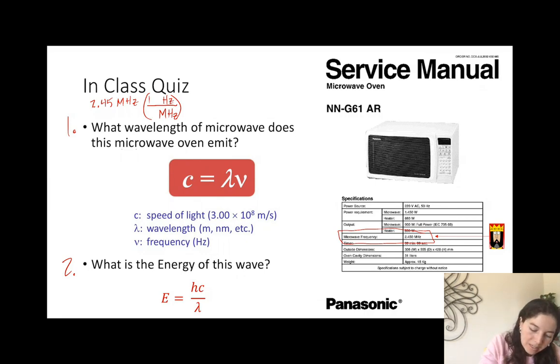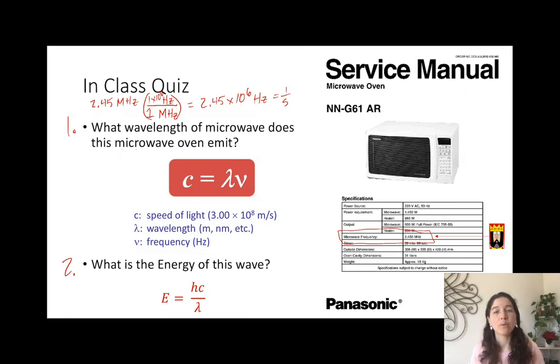So there is 1 times 10 to the 6 hertz for every 1 megahertz. So if you multiply this out, we get 2.45 times 10 to the 6 hertz. Remember that hertz is in inverse seconds, so this is also the same thing as saying it's 1/seconds.